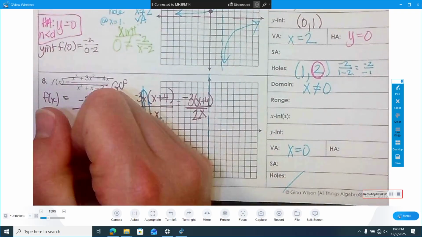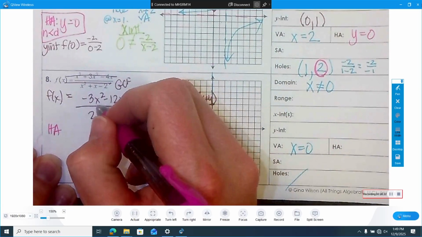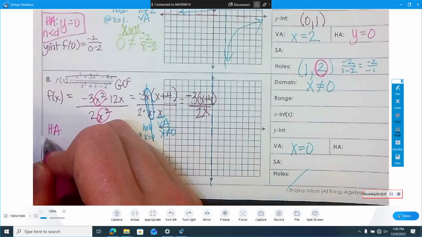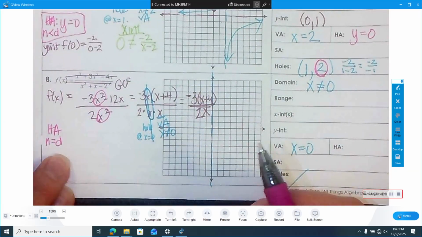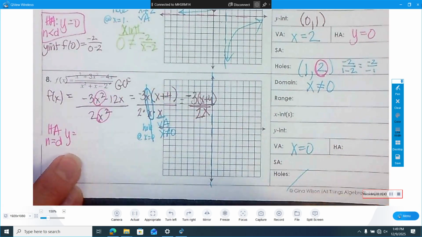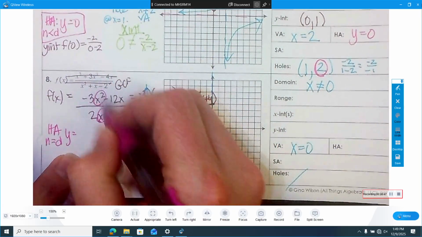What case is this for the horizontal asymptote? Yeah, the degree of the top is equal to the degree of the bottom. The numerator is equal to the denominator. So how do we figure out our horizontal asymptote? It's just dividing those leading terms.